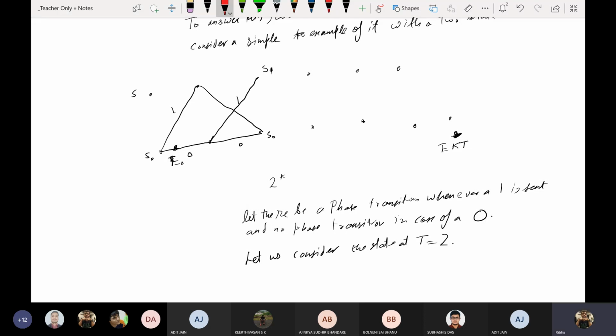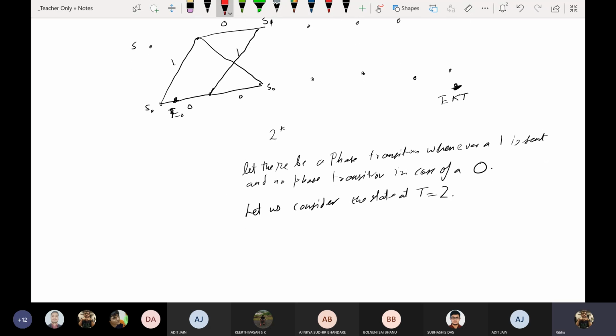0, 1 and 1, 0, right? So now the color changed. 2 paths leading into S0. There are 2 paths leading into S1.